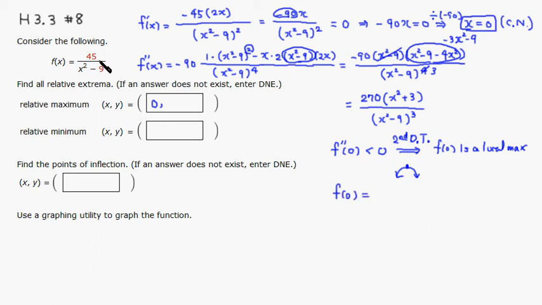So plug in 0, so it's going to be 45 over 0 squared minus 9, which is negative. 45 divided by 9 is 5. So 0 comma negative 5. And since that's the only critical number, there's no relative minimum. So relative minimum does not exist.